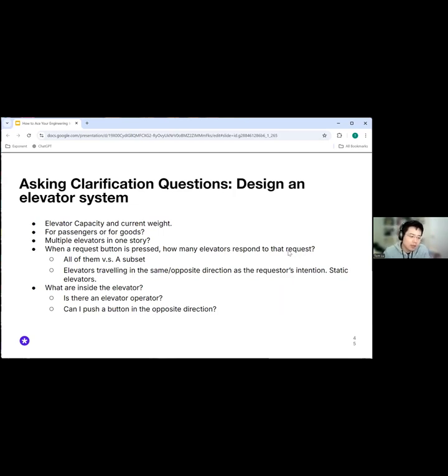So we can ask a lot of clarification questions before we start the real design. Those clarification questions can help us narrow down the scope of the question and save us a lot of time.